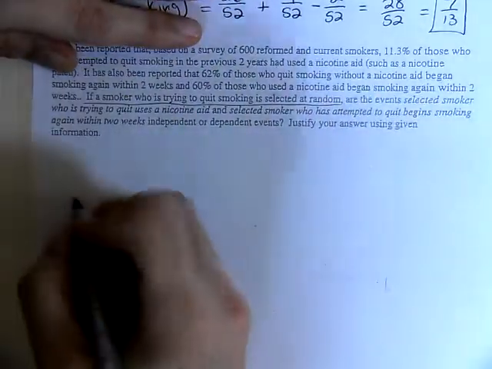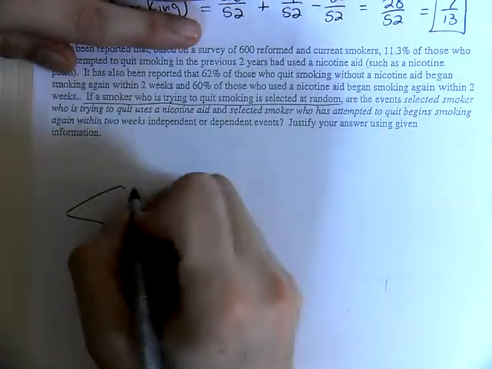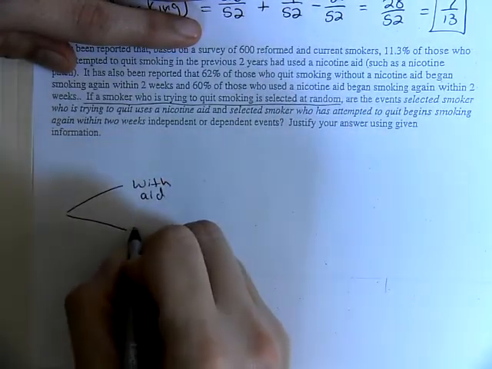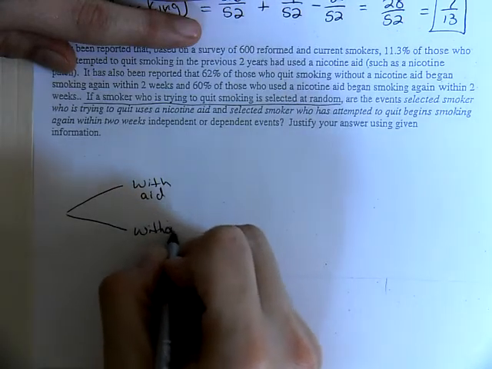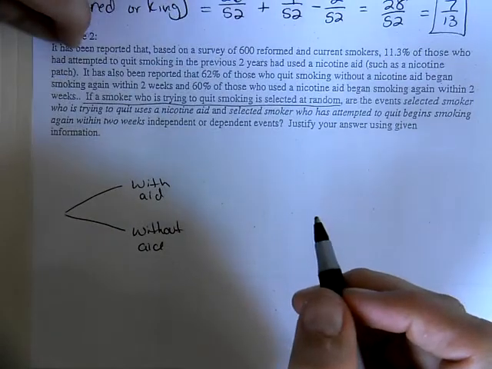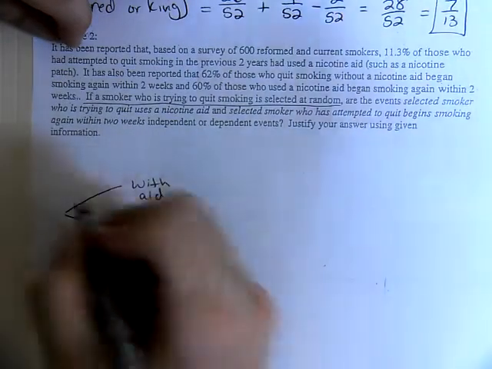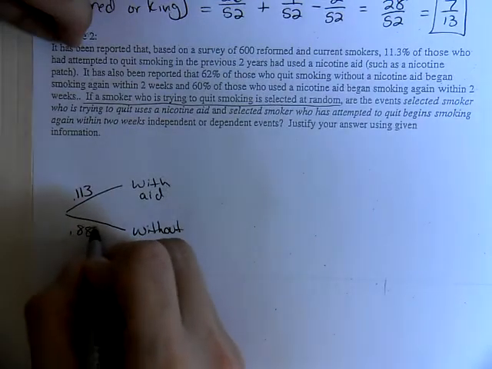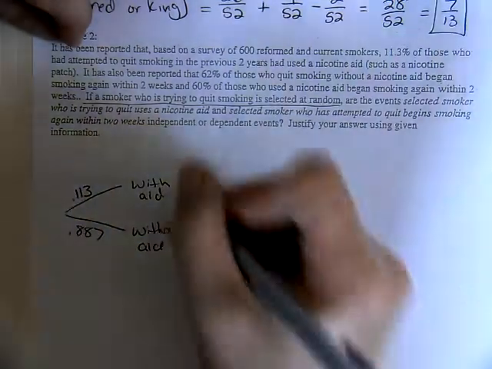Make a tree diagram. So they either quit smoking with an aid or without an aid. 11.3% have used an aid, so that means 88.7% did not use one.